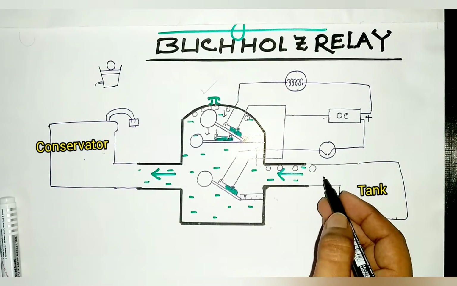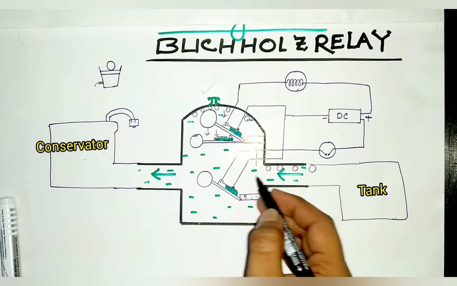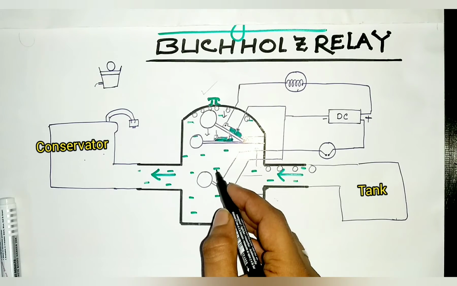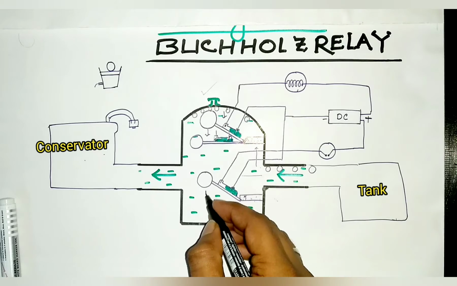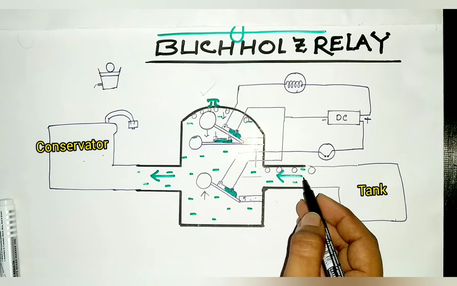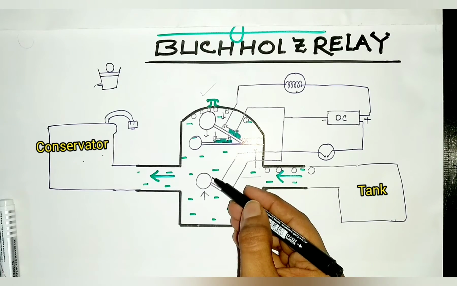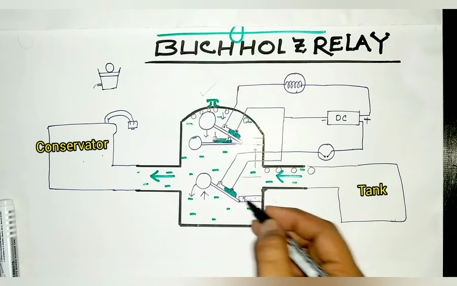But in case of a critical fault, there is a high flow of oil in this way. This float switch is also trying to go to the uppermost position of the chamber because of buoyancy. But at a certain amount of fault, when a predetermined forceful flow of oil creates a pressure on the float switch, it will move down with the help of this hinge.